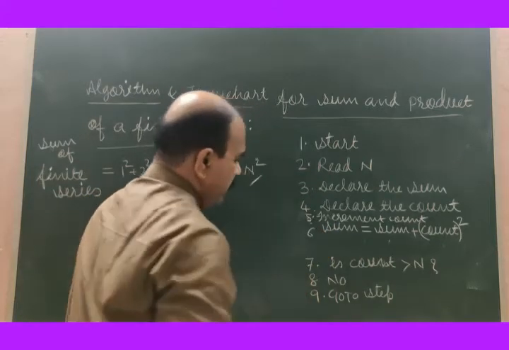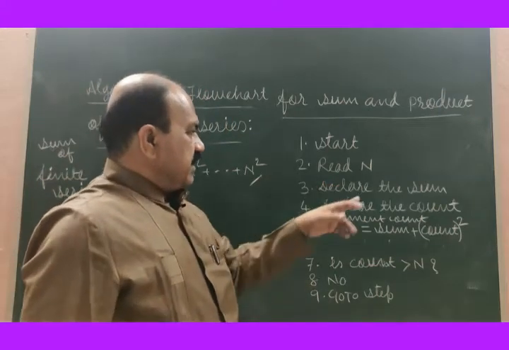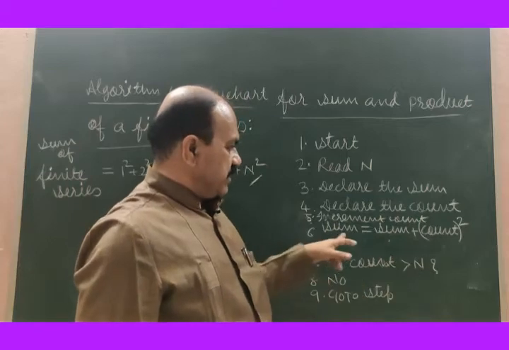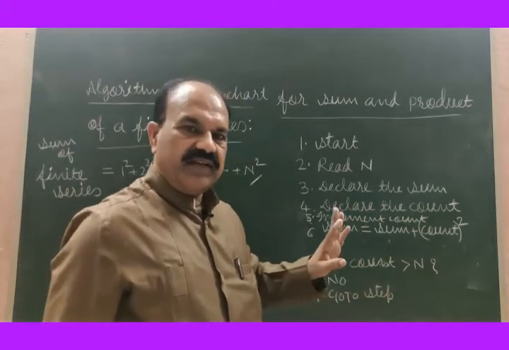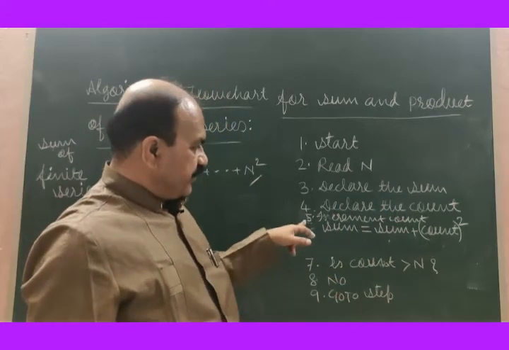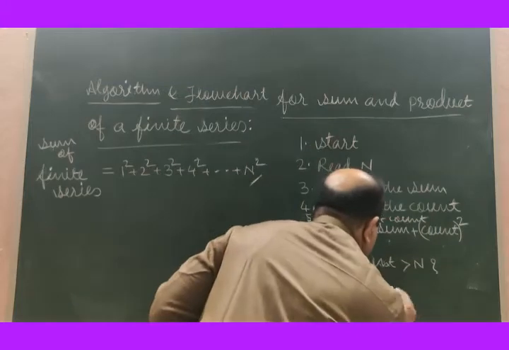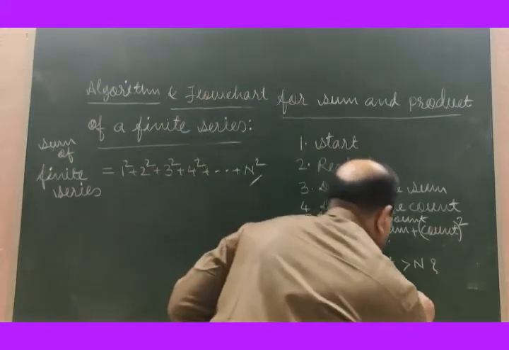Six, 7, 8, 9. Declare the sum, declare the count, increment the count, take the sum, see whether count is greater than n. If no, go to step 5.